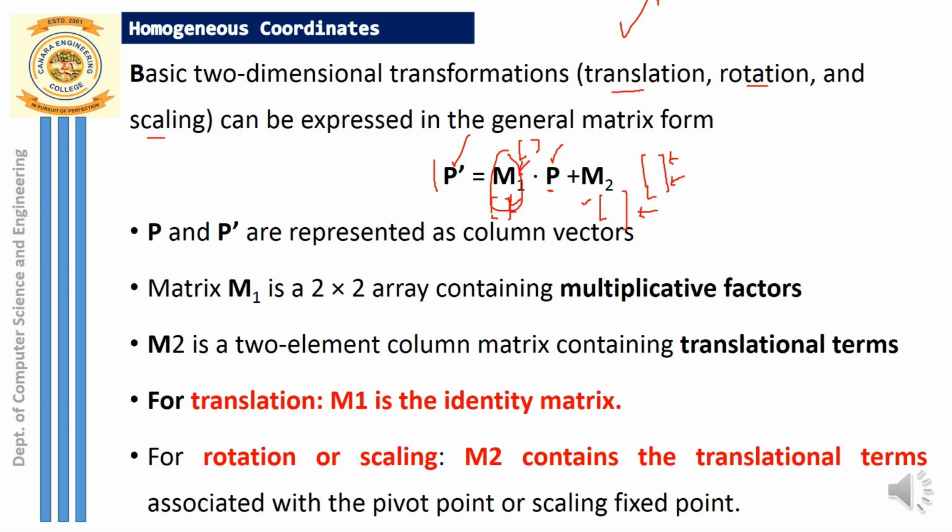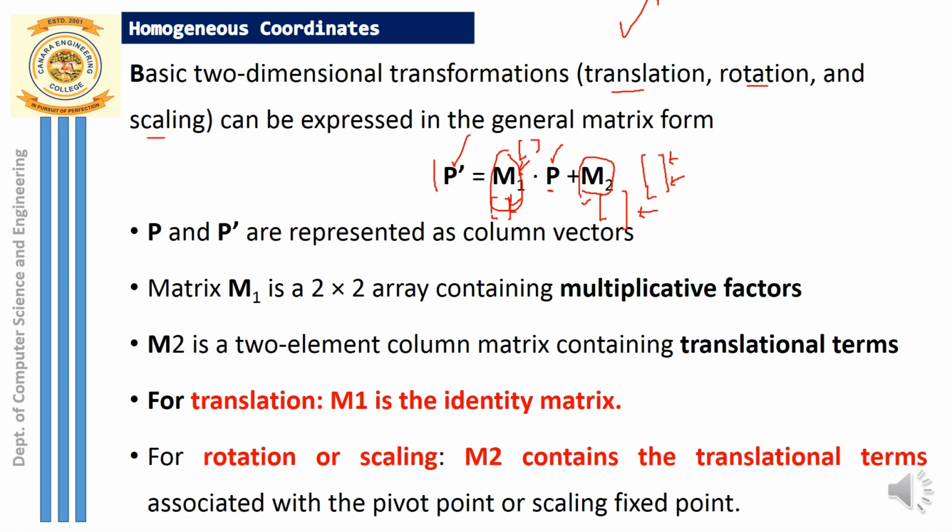This identity matrix is multiplied by the point, and the next matrix M2, as I already said, is a translational matrix. It contains the elements required for translation, the x component of the displacement and the y component of the displacement. So you add those translational terms to the point where M1 is the identity matrix. So that's about translation.